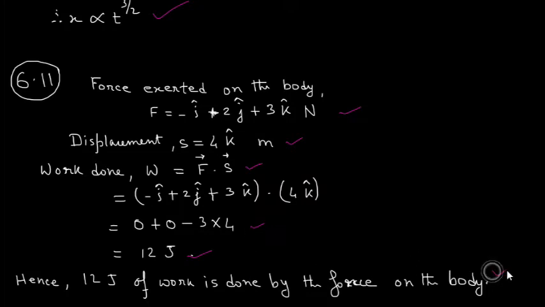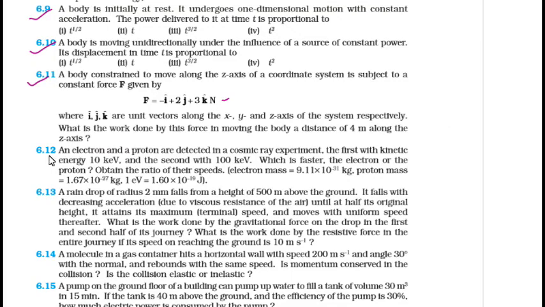So let us see the next problem. The next problem is 6.12. An electron and a proton are detected in a cosmic ray experiment. The first with kinetic energy of 10 keV and the second with 100 keV.